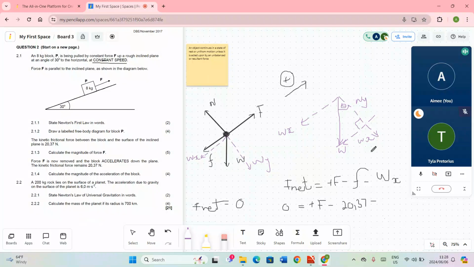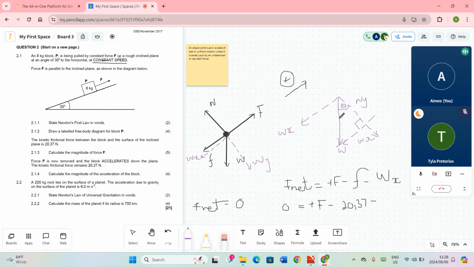So you do need to know how to split things into components, okay? These are just past papers that I'm working through with you. It will take me forever if I have to explain every concept from scratch. But the one thing you do need to know is that the value of your theta, or the angle of your slope, is equal to the angle between your weight and its vertical component.